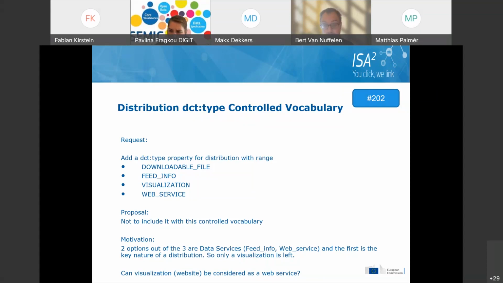any pluses or minus ones in the chat, I don't see any. I can see a +1 from Jakob. And Jim is also in agreement. Okay.